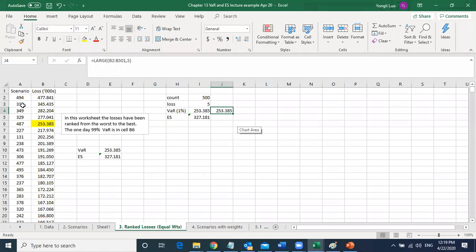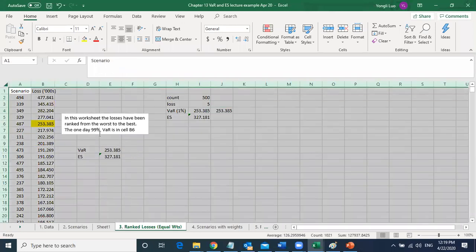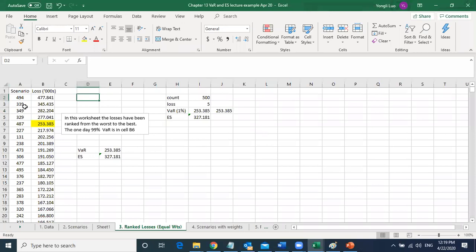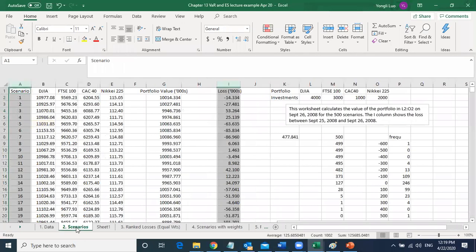And what's the problem with this? It is equally weighted. If you go back to check, the ranking will be different, from scenario 1 and 2. The losses will randomly follow that sequence.